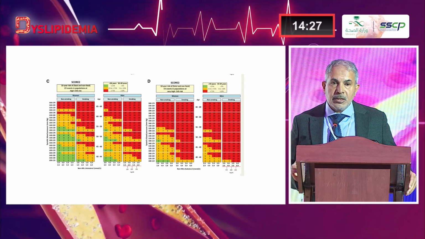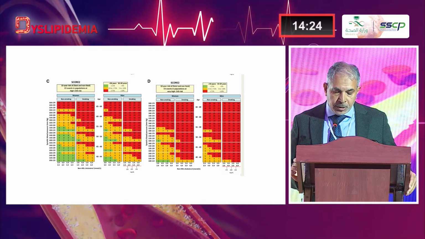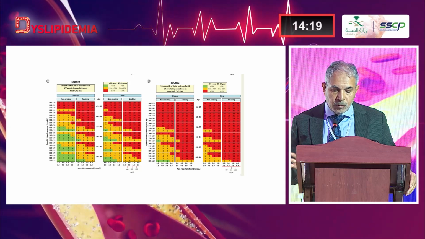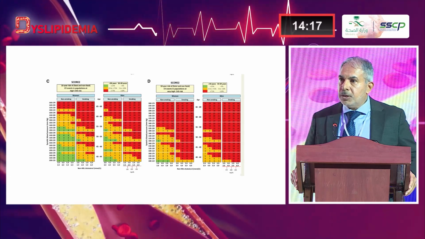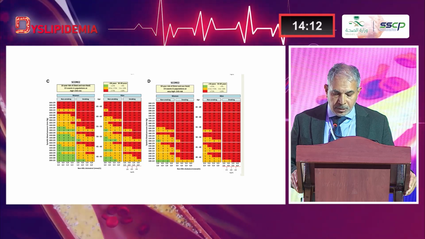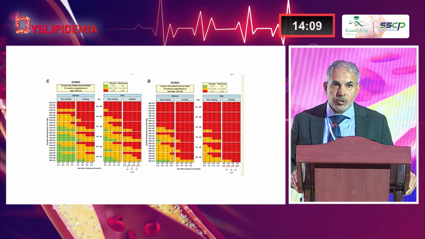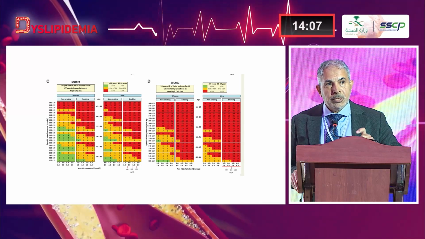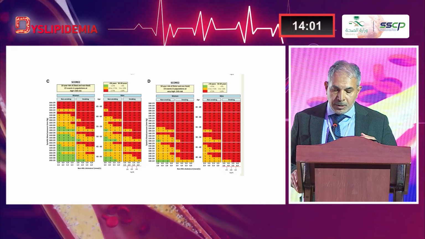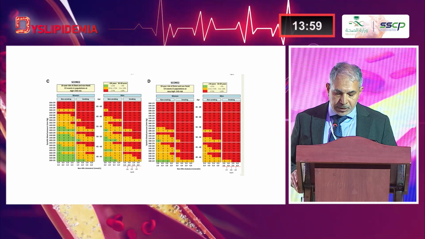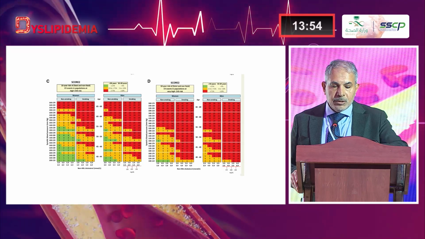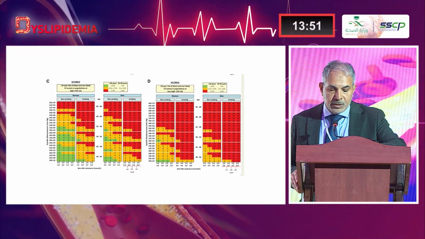On the left-hand side, you see the systolic blood pressure, and each chart has two parts, one for men, one for women, categorized for smoking and non-smoking status. On the horizontal axis at the bottom, you will see the non-HDL cholesterol. So you can take the age of the individual, their sex, systolic pressure, smoking status, and by knowing their non-HDL cholesterol, you can estimate the 10-year fatal or non-fatal CVD event.